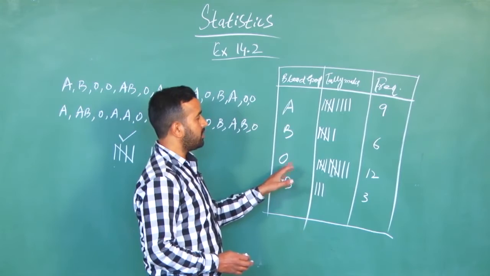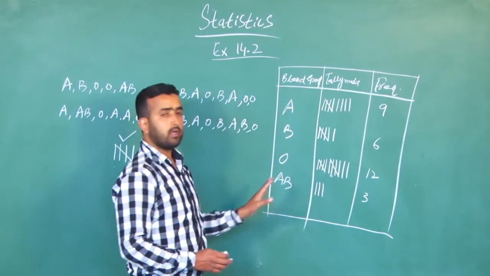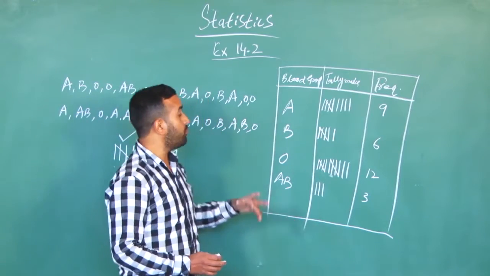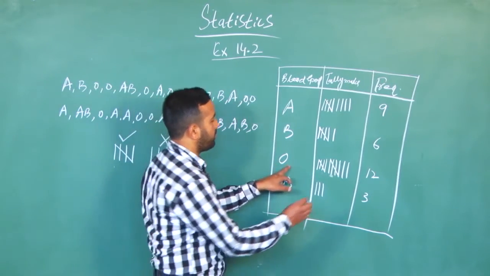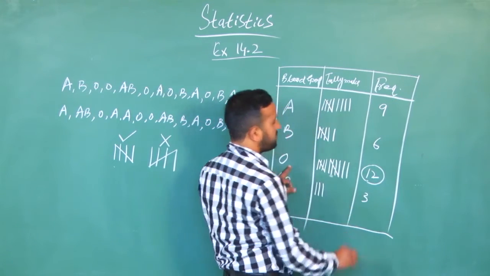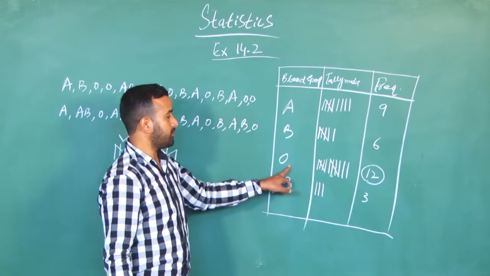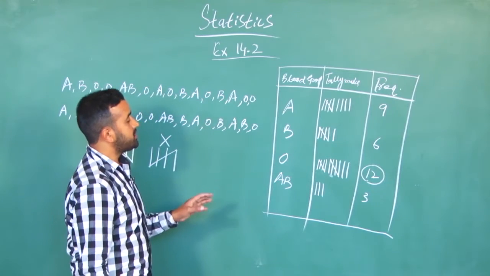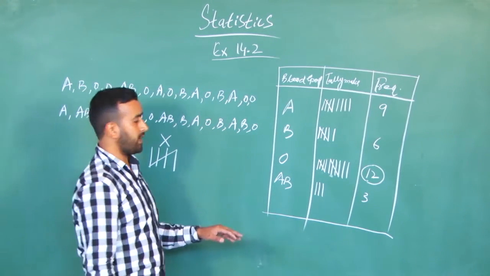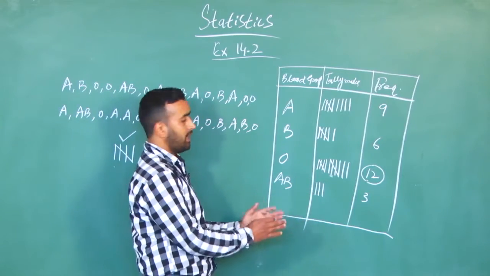Now see the frequency, the maximum number of times a particular group is repeated. You can see here O. O is the most common blood group because it has been repeated 12 times. And which is the rarest, which has been repeated fewer times and whose frequency is less?